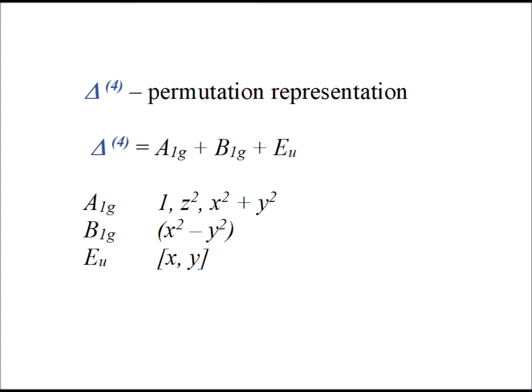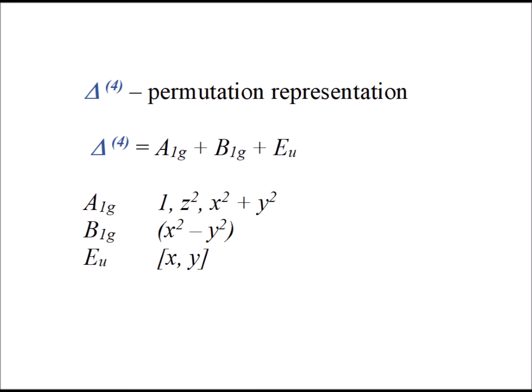One important quantity that we need for this derivation is this permutation representation, delta 4. And since it's a reducible representation, it can be reduced into a linear combination of irreducible representations.